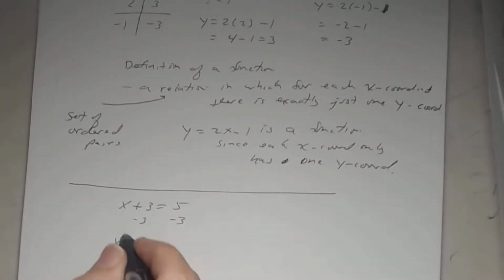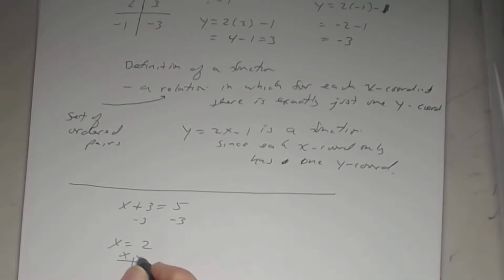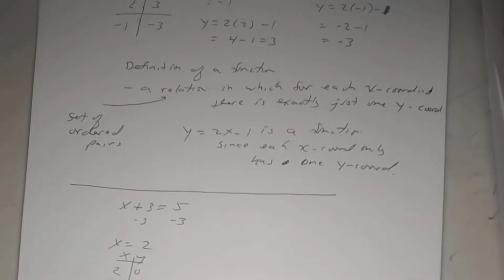So doing a t-table, remember, this says that x always equals 2 no matter what y is. So all along my x column, I'm going to have what? 2. And then my y column, I'm going to have what? Some numbers: 0, 7, 5, negative 2, and so on, right? Okay. But it's a relation because it's a set of what? Ordered pairs. Now the question is, is this relation a function?